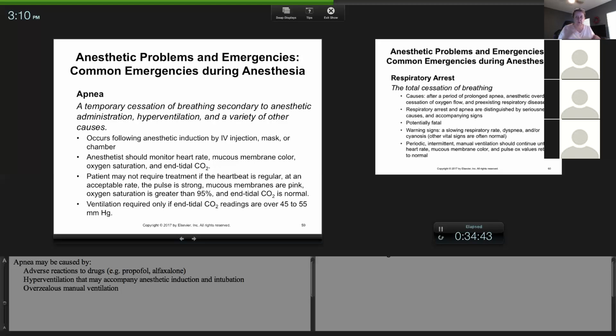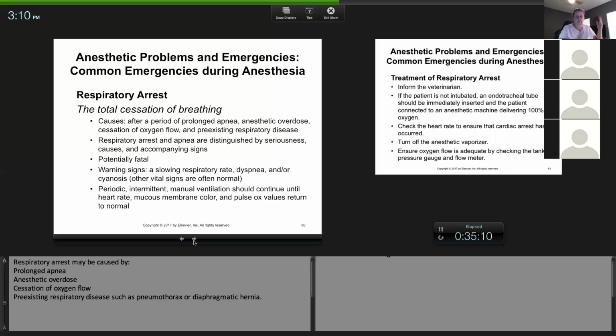Good blood pressure, good CRT, good SpO2. Even though they're not breathing, it's not affecting any of their other vitals. I don't treat that. I ventilate my patient till their own ventilation comes back. Again, within 2-5 minutes, they should start breathing on their own. Now, if your CO2 is in the 55, 60 range, you probably need to ventilate more often.